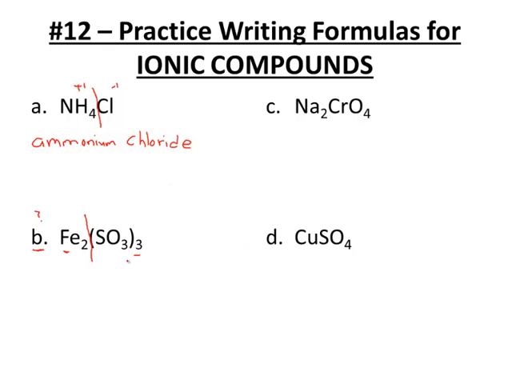So using sulfite, -2 charge, right now we have 3 of them. So 3 times -2 equals -6. So this side has to be a +6 to keep it neutral. So we have 2 of them, +6 divided by 2. Each iron must be a +3 in order for this to balance out.